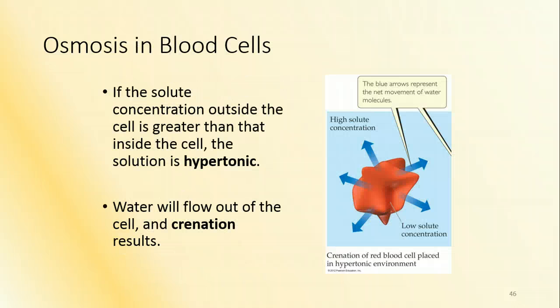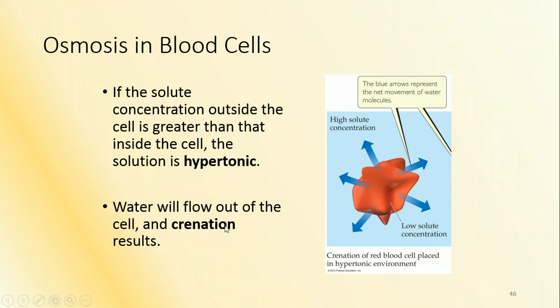All right, so if this happens in the body, and we're looking at what happens with blood cells, if we have a high solute concentration outside the blood cell and a low solute concentration inside, we see the solvent, or liquid, moving out of the cell, and so that results in a loss of fluid from the cell, and we call that crenation.